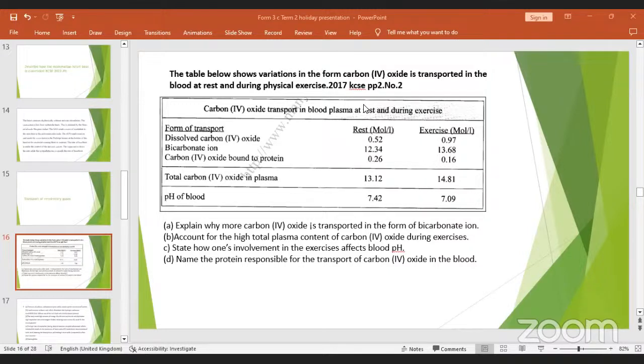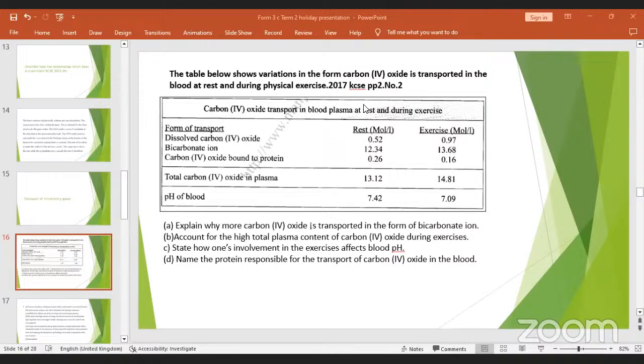It is because you learned that on the cells of the red blood cells, we have an enzyme called carbonic anhydrase. You remember that? Yes, sir. It is simply because of the carbonic anhydrase enzyme. This enzyme speeds up the conversion of carbon dioxide to weak carbonic acid.